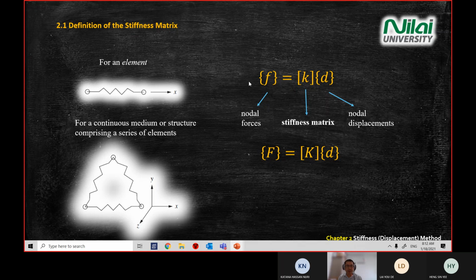If you look at a small element, you use a small F, and K is also small when you analyze an element. But if you do assembly or a combined system, then you use a capital F, K. D still remains as the displacement matrix.